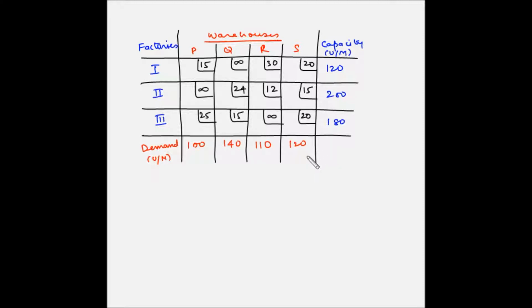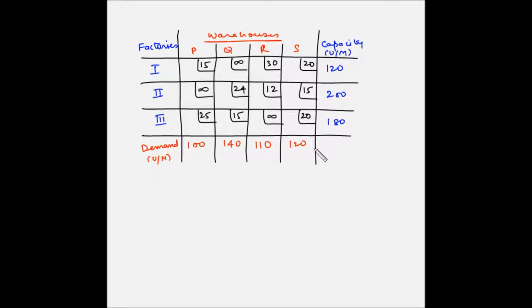Now one of the assumptions in the transportation model is that the total quantity of material available at different sources should be equal to the total requirement at different destinations. So in order to meet that criteria, we'll have to add a dummy source of demand so that we can make the total demand and total supply equal to each other.